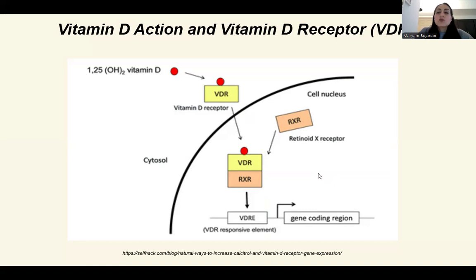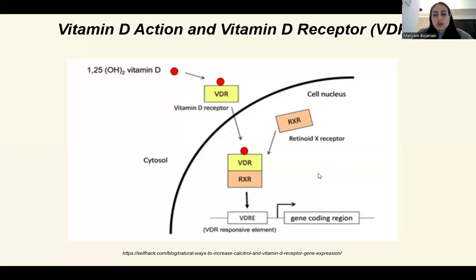The strong activator of the vitamin D receptor is 1,25-dihydroxy vitamin D, or calcitriol. It's really important to know that 25-hydroxy vitamin D is not a strong activator of the vitamin D receptor. A strong activator is basically 1,25-dihydroxy vitamin D.